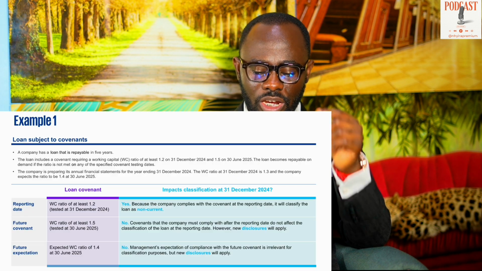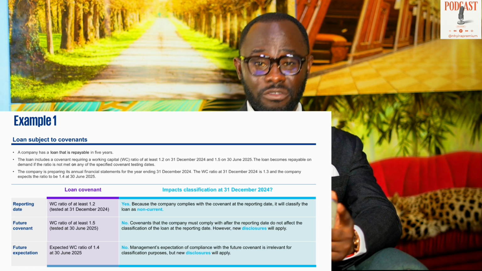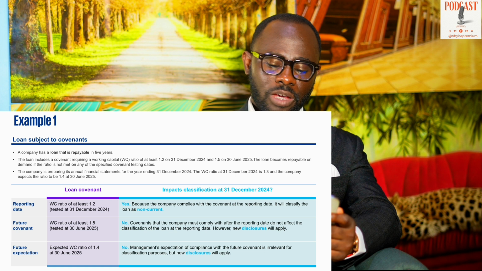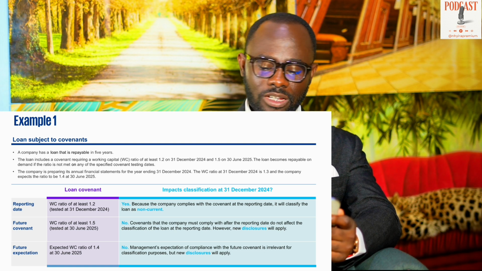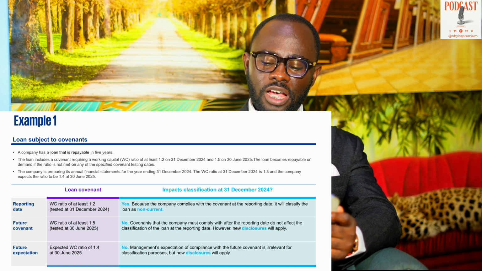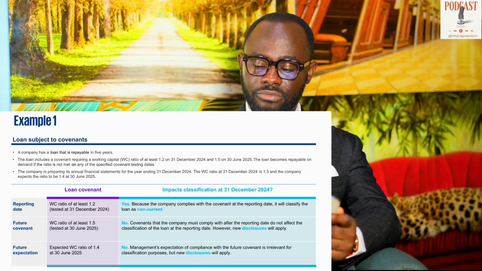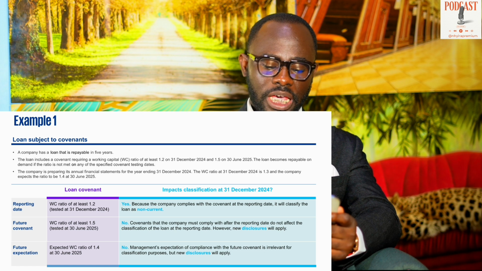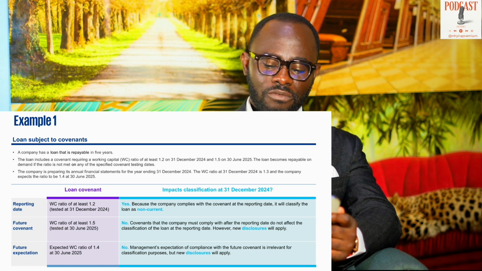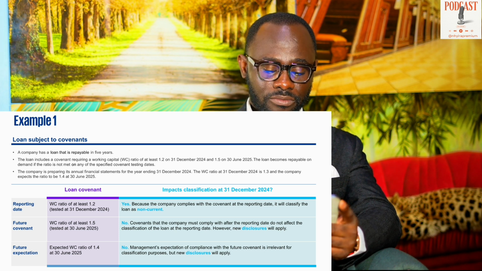A company has a loan that is payable in 5 years. The loan includes a covenant requiring a working capital ratio of at least 1.2 on 31st December 2024 and 1.5 on 30th June 2025. The loan becomes repayable on demand if the ratio is not met on any of the specified covenant testing dates.